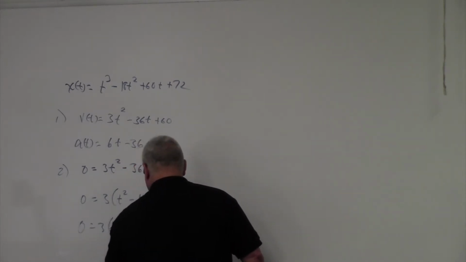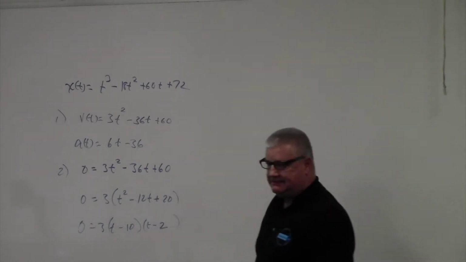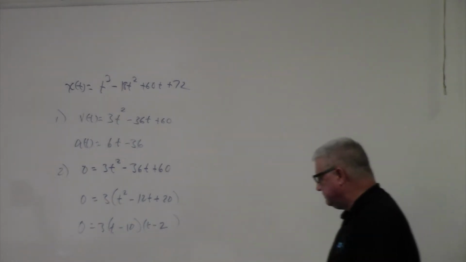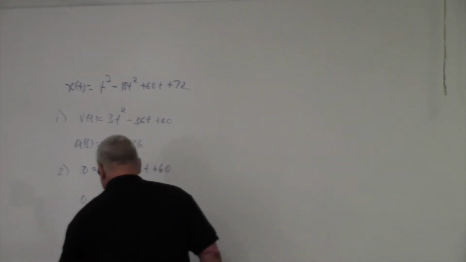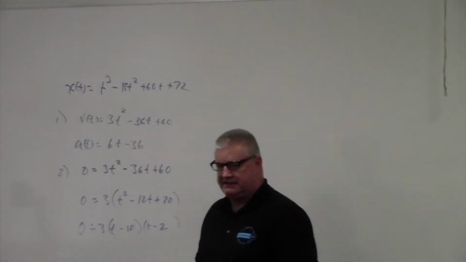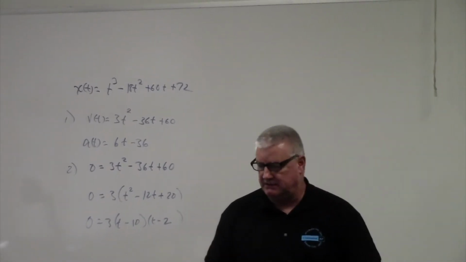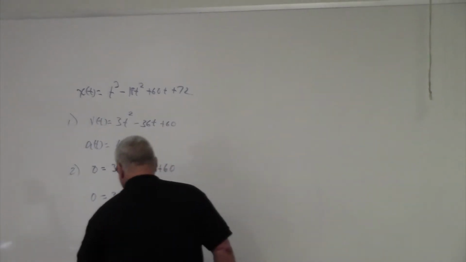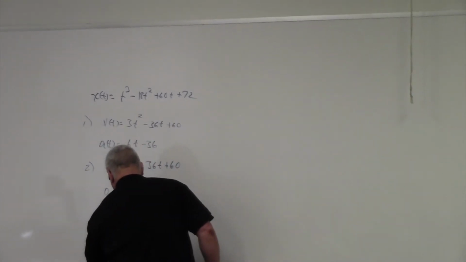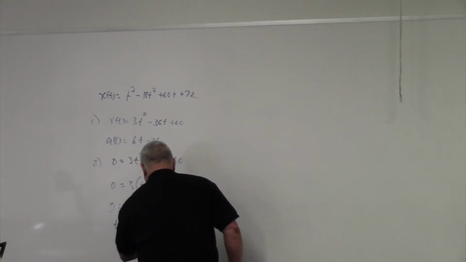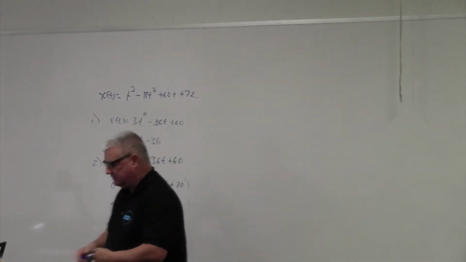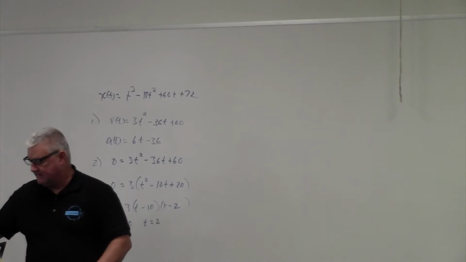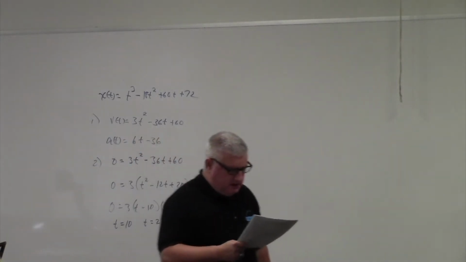And do you get t minus 2, t minus 10, times 3? All right, so now I got 3 numbers multiplied to be 0. So how can that happen? The only way that can happen is if one of them is 0, and 3 is never 0. And so t has to be either 2 or 10. Good? Everybody good? All right.